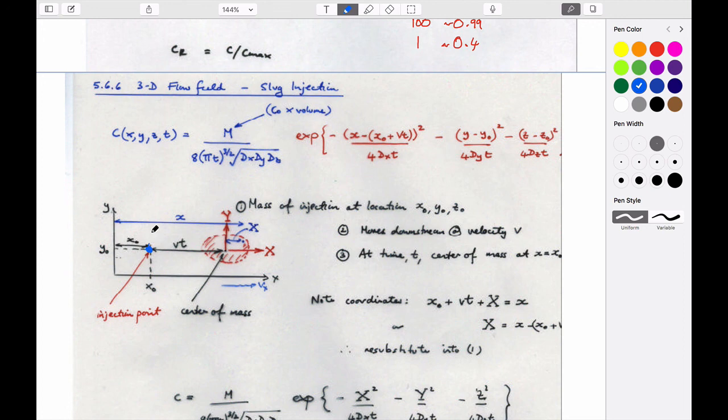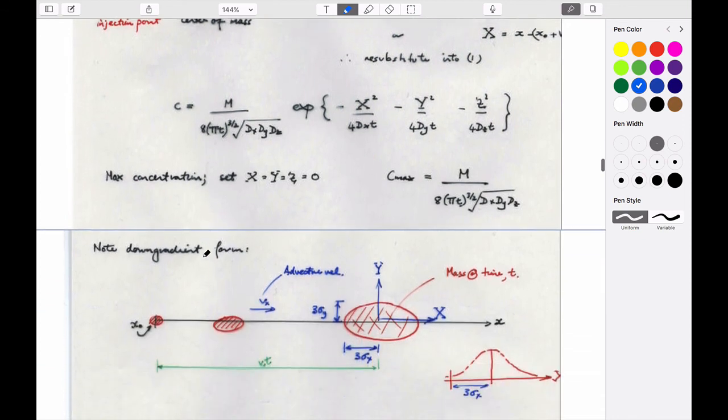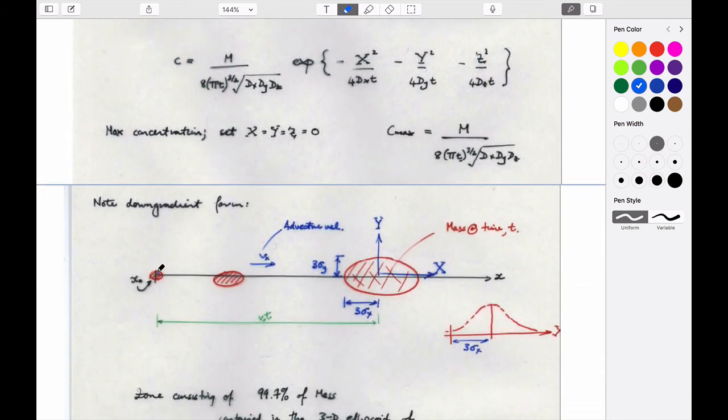This source is equal to this spike of relative concentration. And as it goes down gradient, it gets larger and larger as it goes off the page. It starts here, gets carried downstream, and by the time it's downstream, it's got bigger. It keeps on getting carried downstream, getting bigger and bigger.